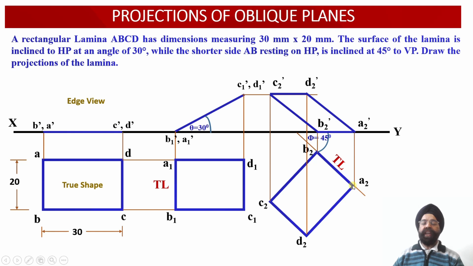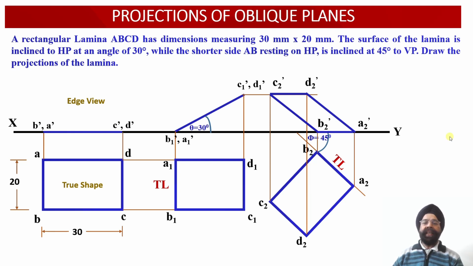So this way we have learnt about the procedure to evaluate the front view and top view projections of an oblique rectangular lamina ABCD which is inclined to both the horizontal plane and the vertical plane. So this is all for today.